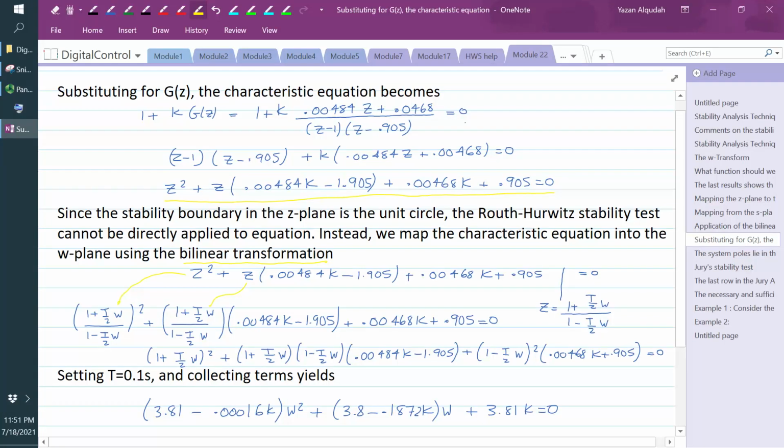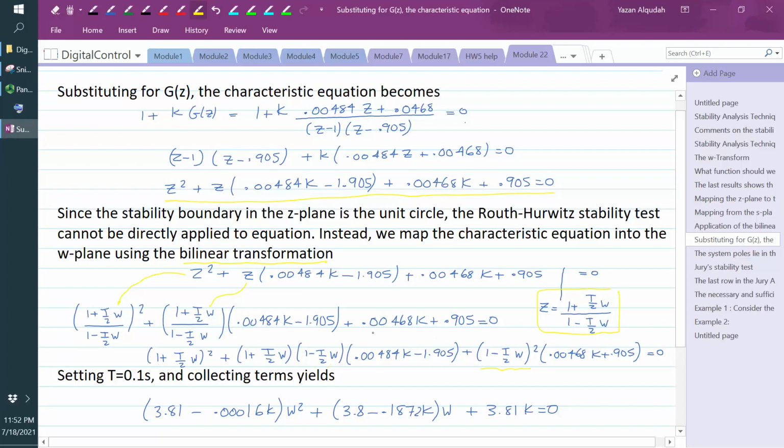After I do that, again z is equal to this. I'm going to rearrange the terms, and if I square these, I'm going to multiply by 1 minus t over 2 w squared to get rid of the denominator. So here I'm going to get 1 minus t over 2 w. One of them is going to cancel with the denominator here, and then I'm going to get 1 minus t over 2 w squared.